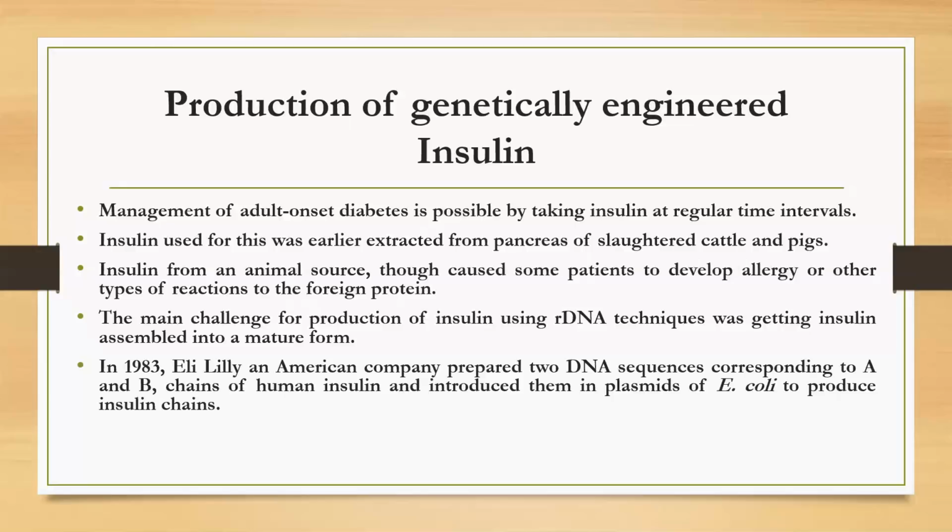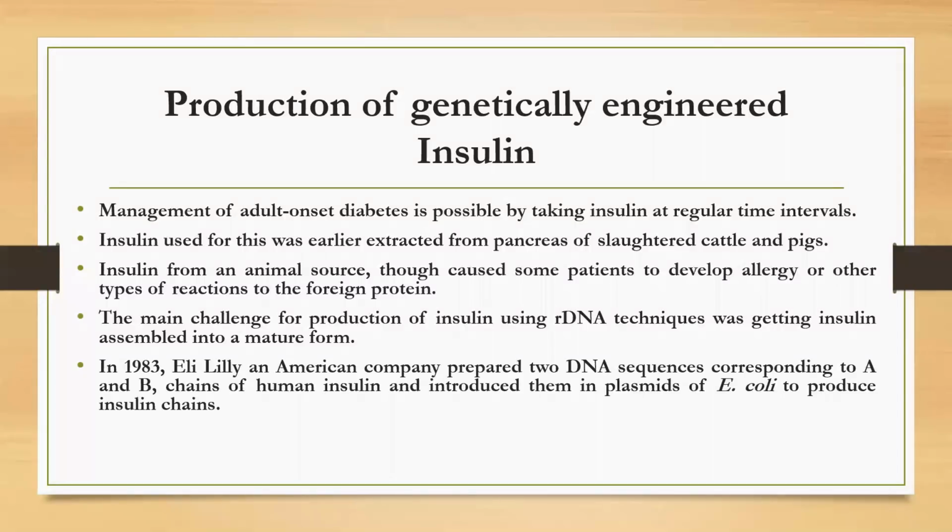So two DNA sequences corresponding to A and B chains of human insulin were produced. Artificial DNA sequences were produced, artificial genes were produced, and then such artificial genes were introduced into the E. coli cells by using a vector, that is pBR322.